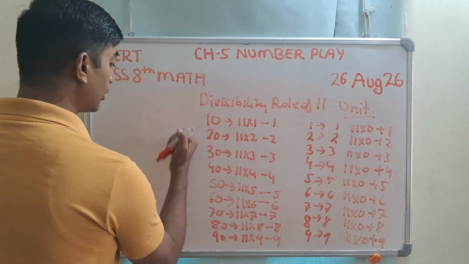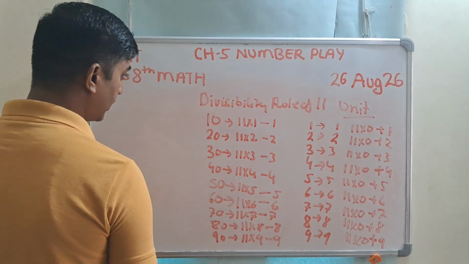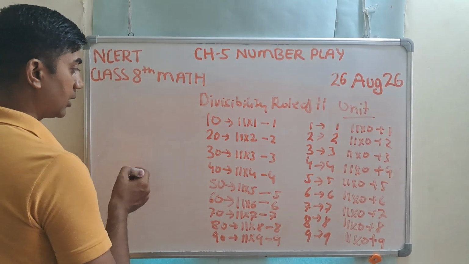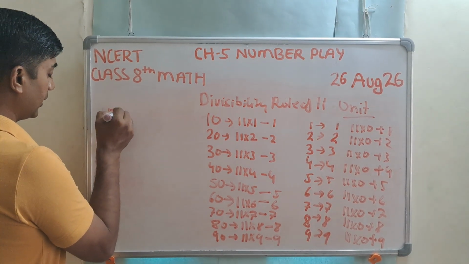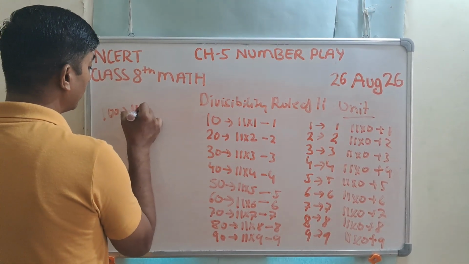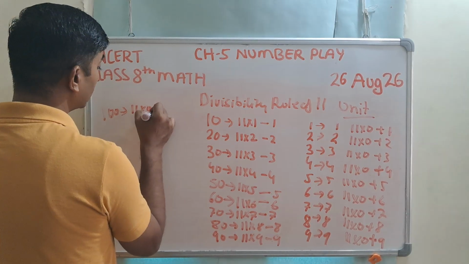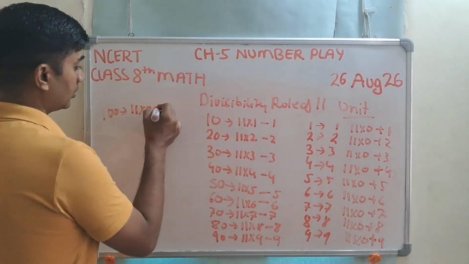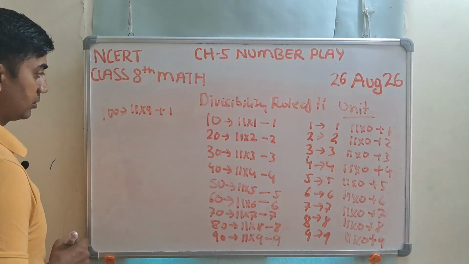Now we will see the case of 100. That is the hundreds place. This was the tens place. Now how will you get 100? You will get 100 by 11 into 9 plus 1. Understood?